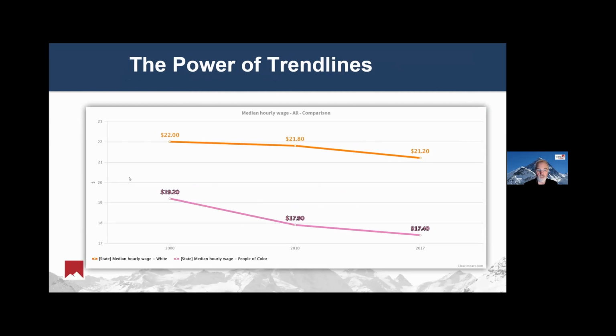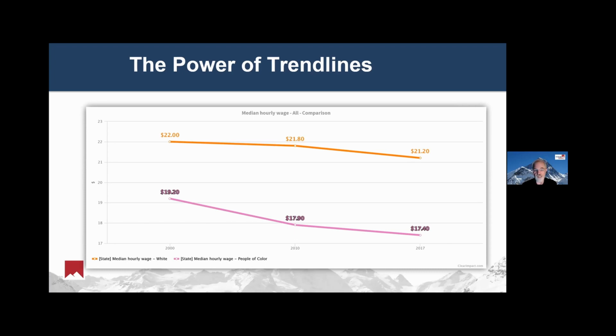You could even drill down further and see the difference. Here, if you're white, you're the line on top, and if you're a person of color, the line below. That gives us a very easy way to see the true story, so we can develop strategies to minimize that discrepancy and move the hourly wage for people of color up.